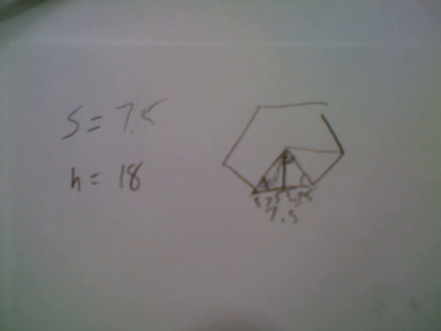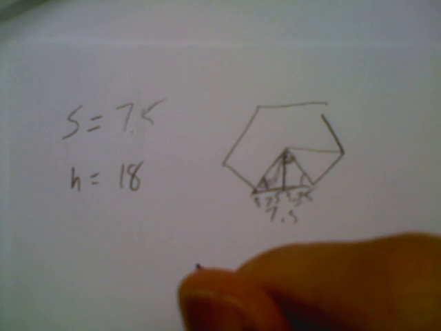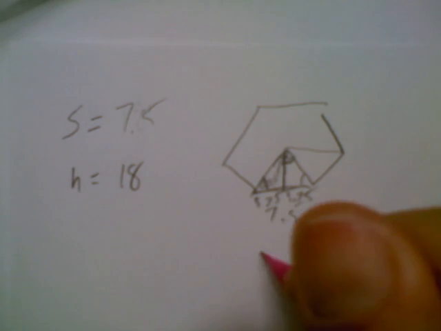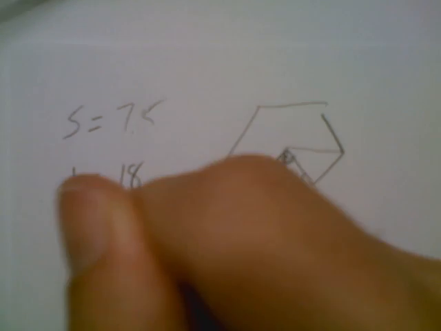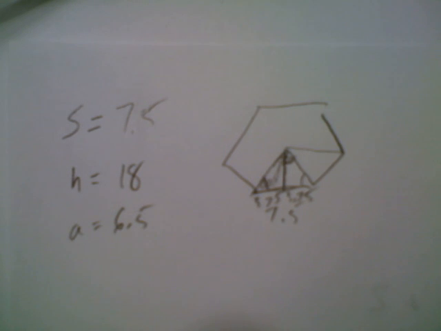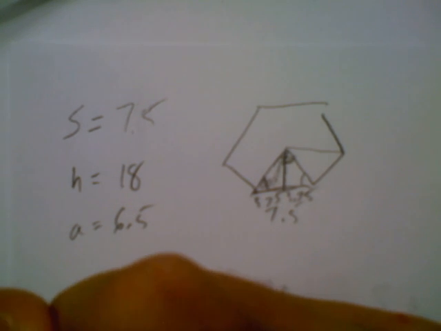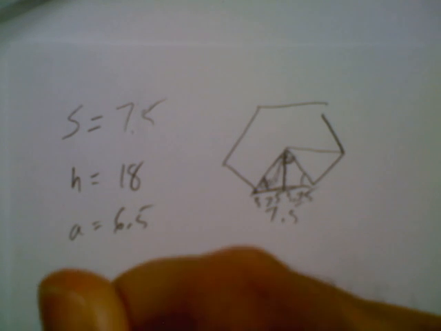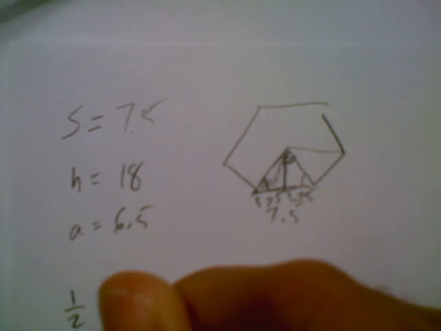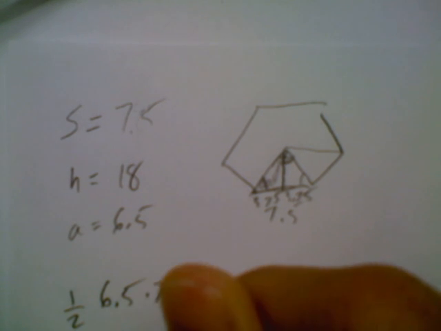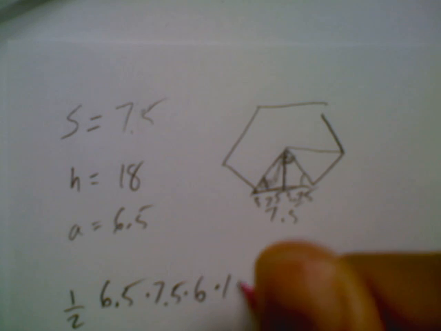So that gives us the apothem of 3.75 times square root of 3, which gives us 6.5. The apothem would be 6.5, and now we can find it pretty simply from there. So we can say 1/2 of 6.5 times 7.5 times 6 times 18.